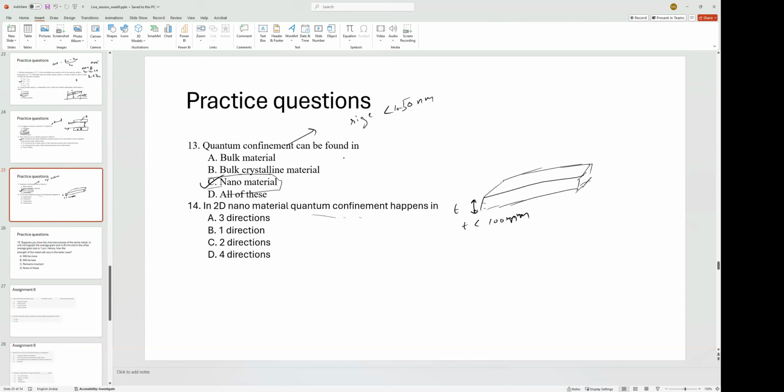So only along this direction the quantum confinement will happen, so only in one direction. Even this should be less than 10 nanometers, 5 to 10 nanometers.